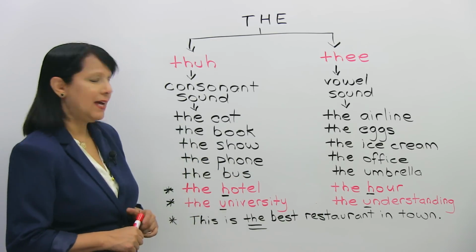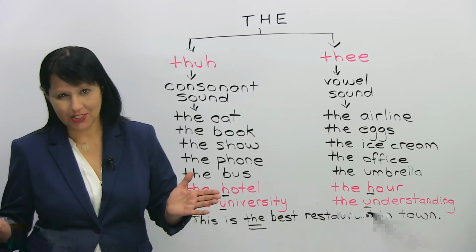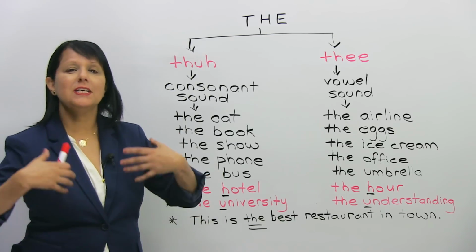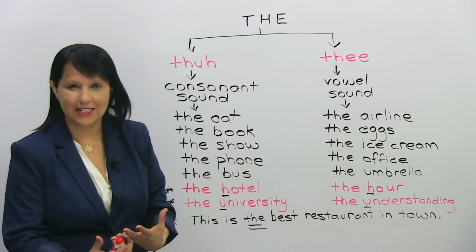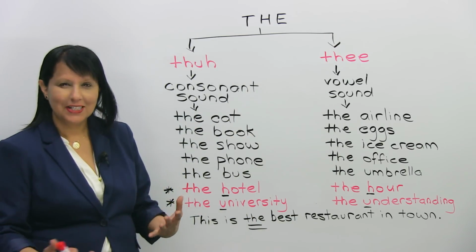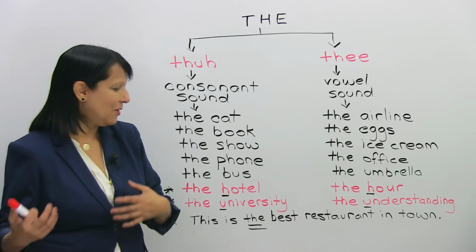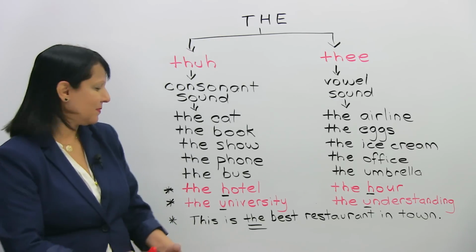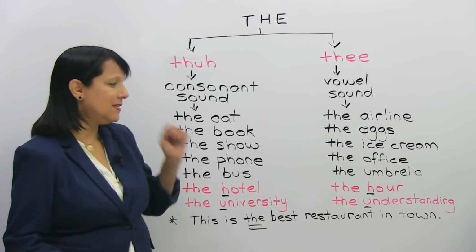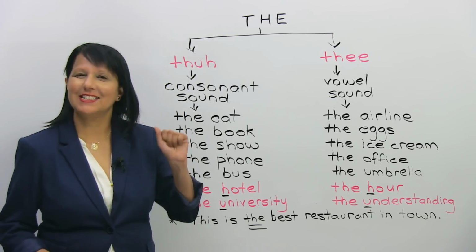All right. And there is one other exception: sometimes when we want to emphasize something, then we do say the, and it doesn't matter if it's a consonant sound or a vowel sound for the word that comes after the. For example, this is the best restaurant in town.